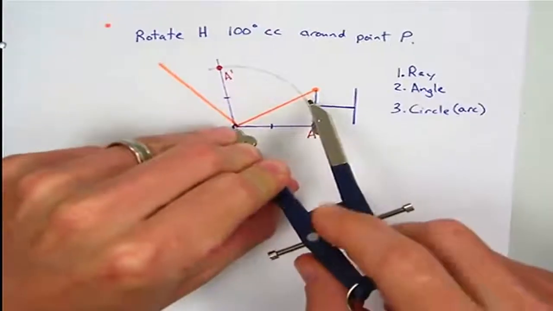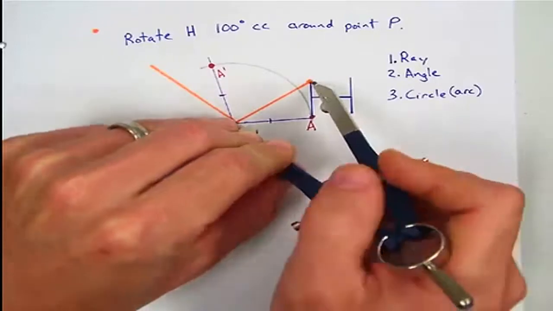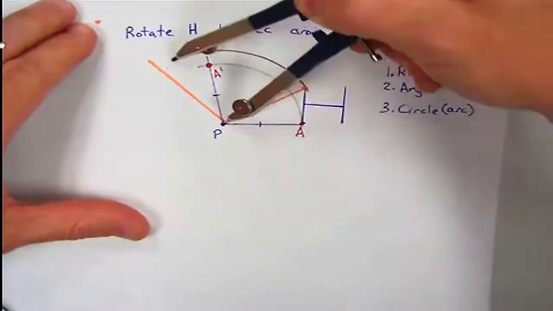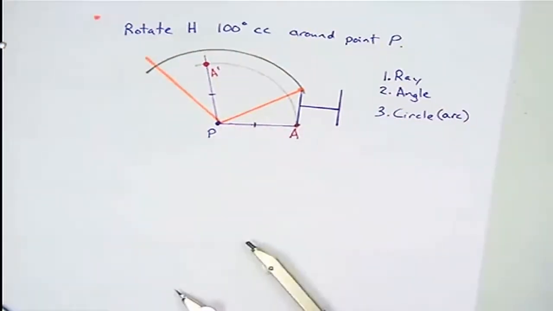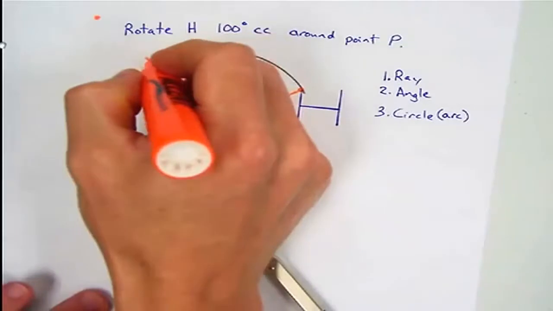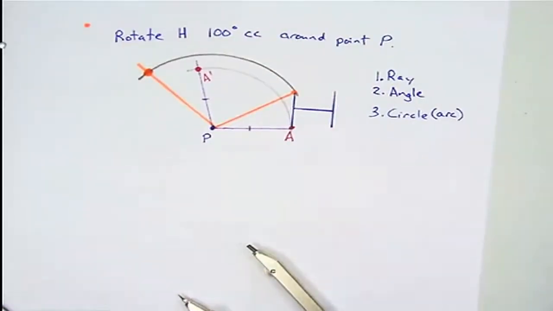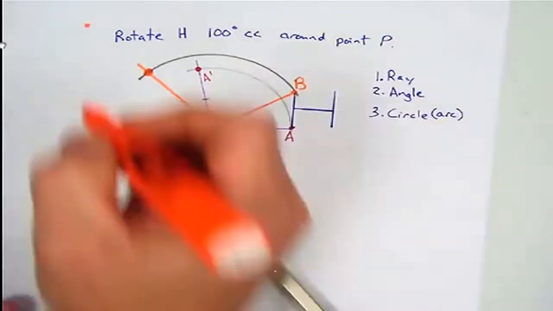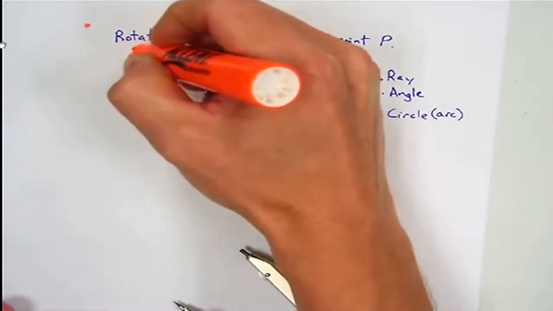We open up a new radius to our new point, and we draw that arc. And there, right there becomes our new point. So we'll call this B, and then this one would be B prime.